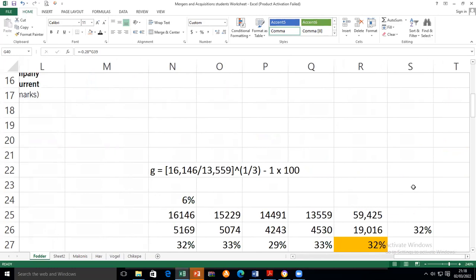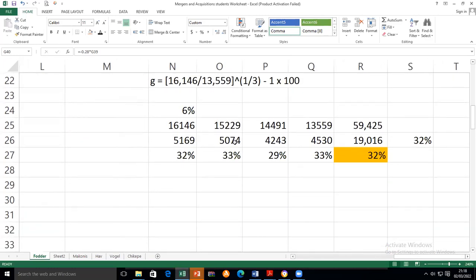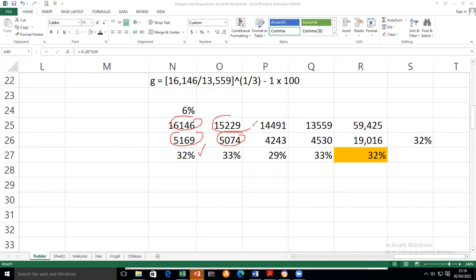Here, for the person who asked the question, this is what we are doing. That over that, 32%. That over that, 33%. That over that, 29%. That over that, 33%.